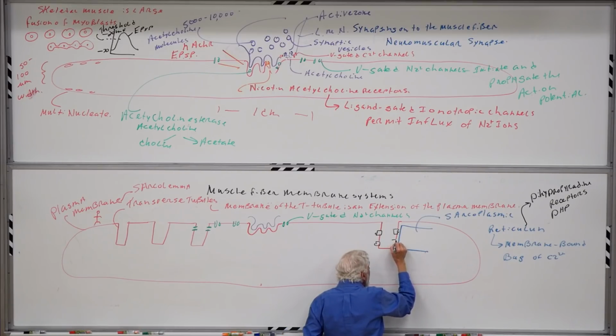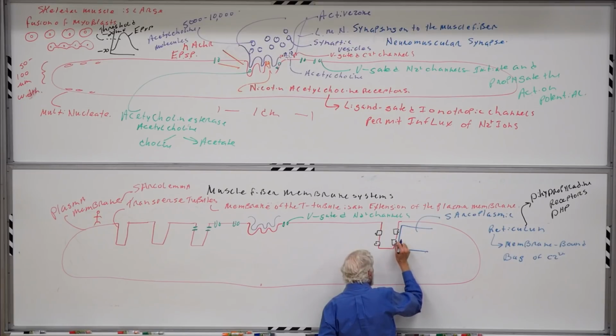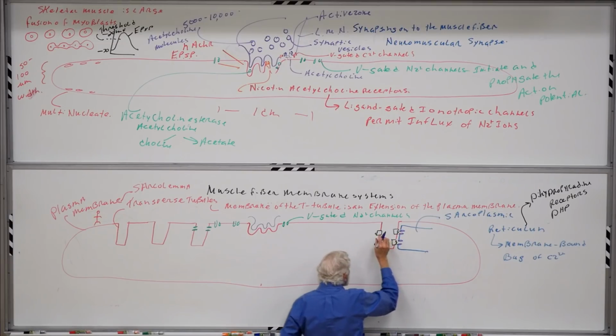For each of these dihydropyridine receptors, there is a corresponding transmembrane protein in the sarcoplasmic reticulum.